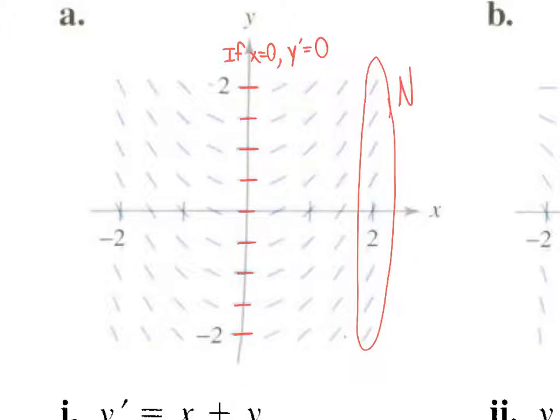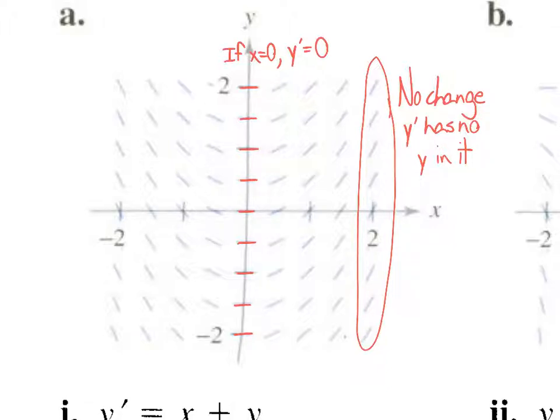As you look at a slope field like this, if I see no change in the slope as the y is changing, that means that y prime has no y in the equation. You could have y prime equals 2x minus y or something like that, and you're going to see a change as you go up and down.